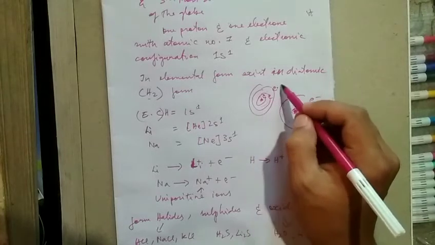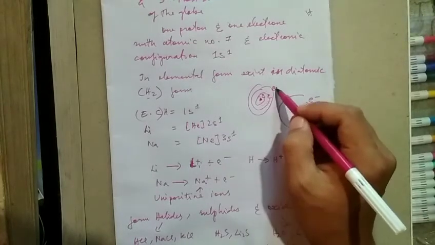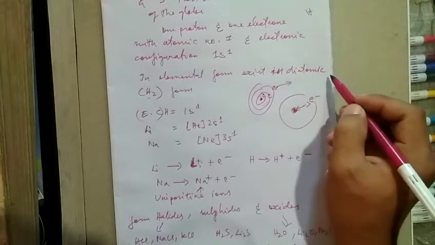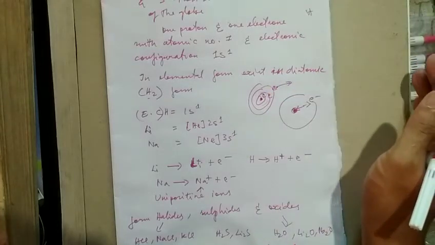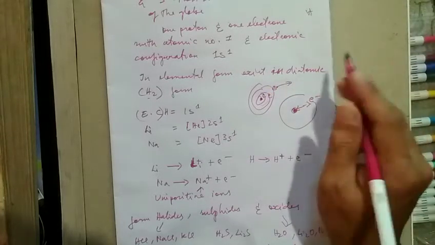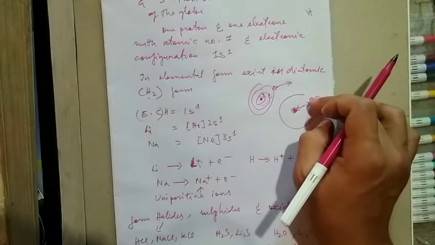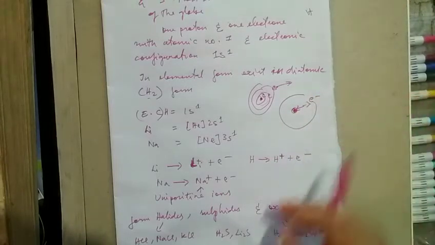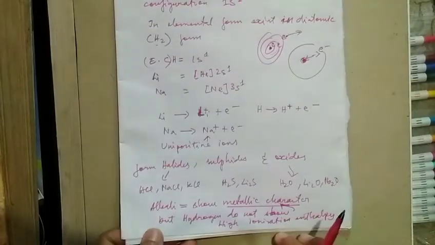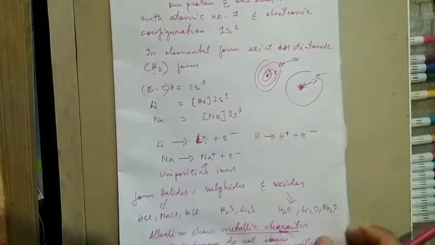Since the electron is far away from the nucleus, it is easy to remove. But in this case, high energy is required to remove the electron, so hydrogen has high ionization enthalpy.